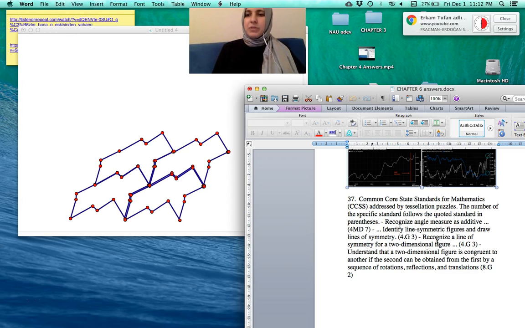Identify symmetric figures and draw lines of symmetry. Recognize a line of symmetry for a two-dimensional figure. Understand that a two-dimensional figure is congruent to another if the second can be obtained from the first by a sequence of rotations, reflections, and translations.